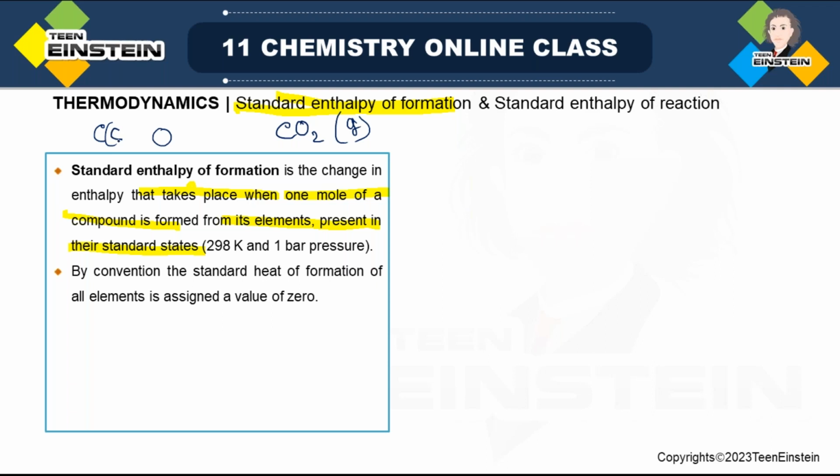So now you have to consider it like this. Carbon, solid state. Oxygen you have to write in the form of O2, because that is under normal condition. Standard state means 298 Kelvin, room temperature, and 1 bar pressure.